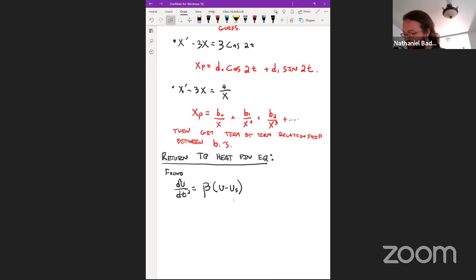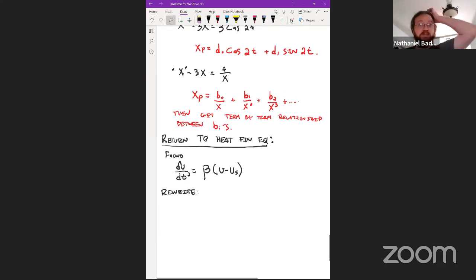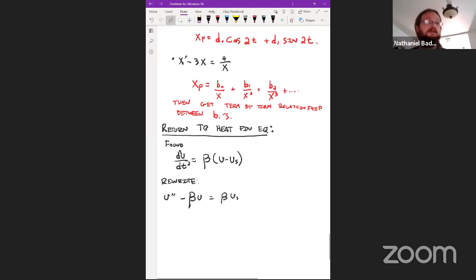Now we can rewrite that as an inhomogeneous linear second order equation. So this is u double prime minus beta u is equal to beta times us. We need a particular solution.